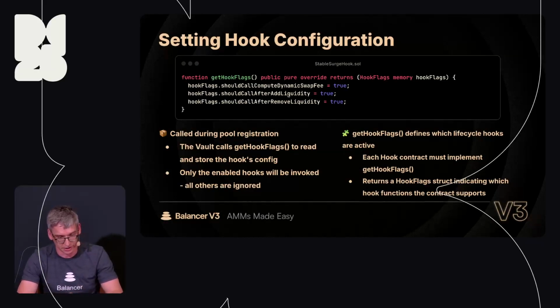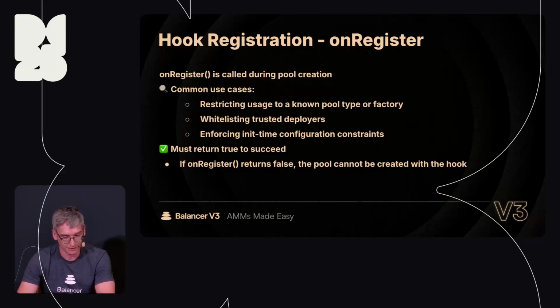And we can see in the stable surge hook that we use 3 separate hooks. We've got the dynamic swap fee, the after add liquidity, and the after remove liquidity. Every hook must implement this, and if it doesn't, your test won't pass, basically.